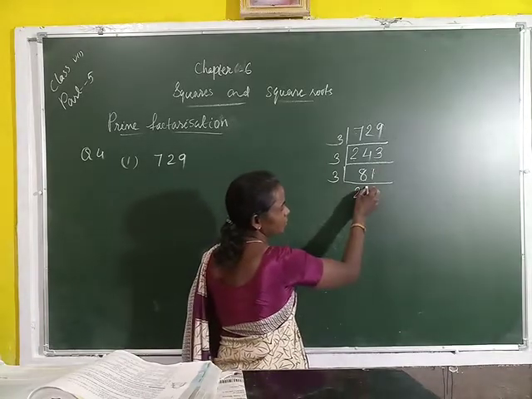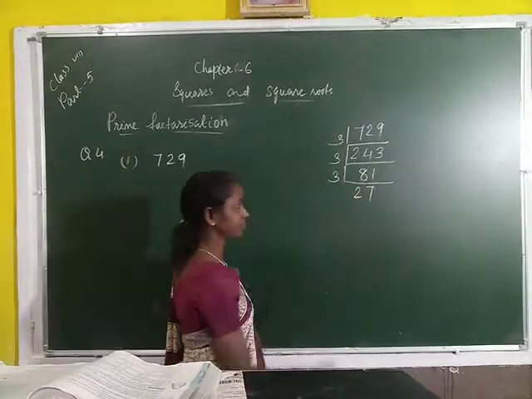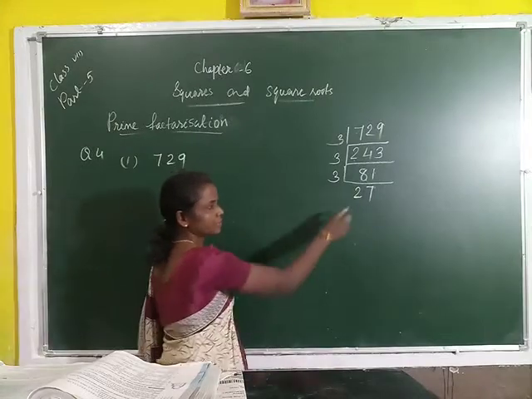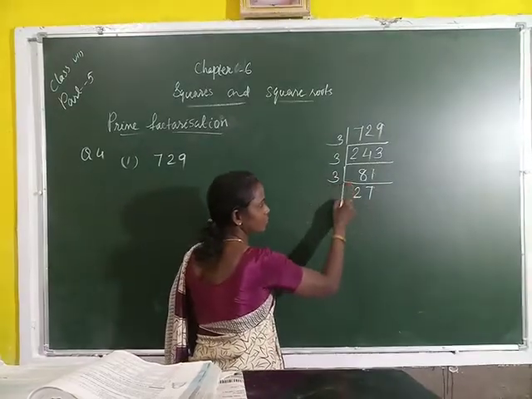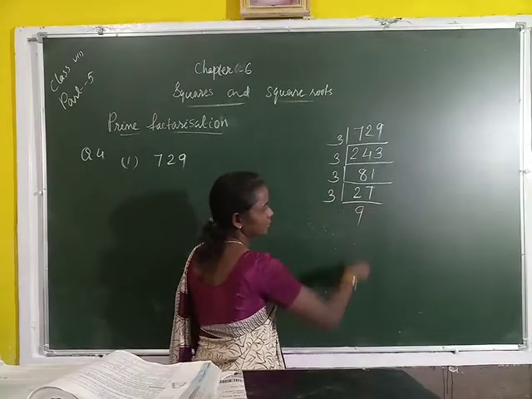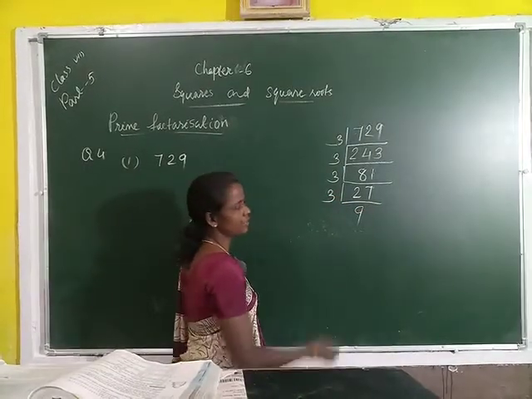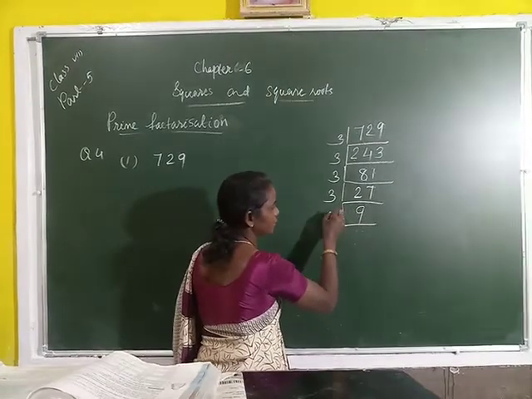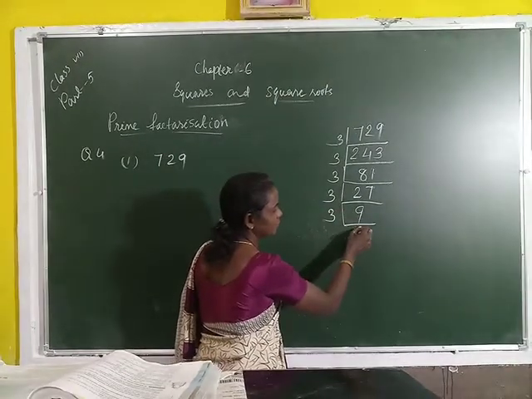Then 21, 7 times. We get 27. 27 is again divisible by 3. 3 nines are 27. Right? This number is again divided by 3.